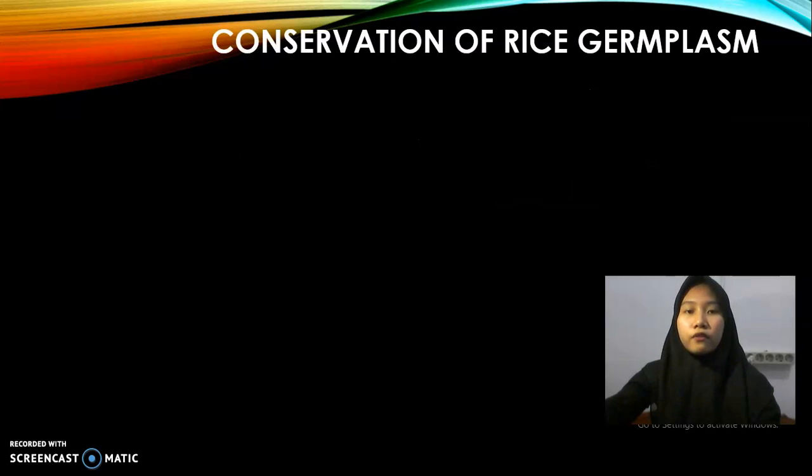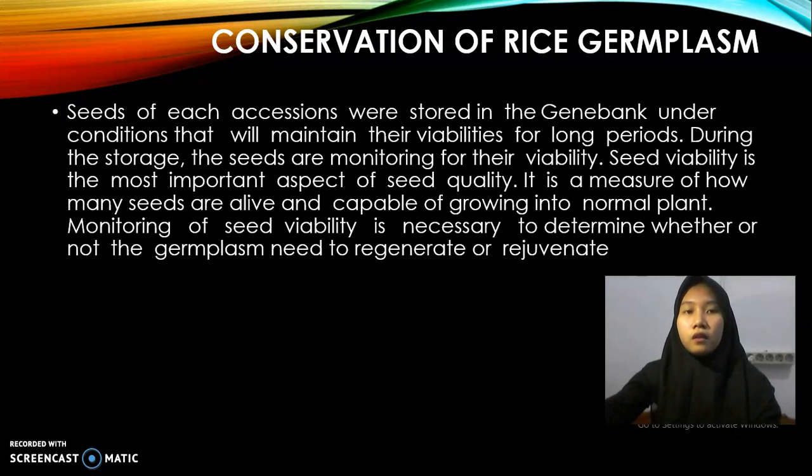Next is conservation of rice germplasm. By Monder 2001, plant conservation is the management of plant resources to maintain the current level of plant diversity and to avoid population and taxonomic extinction.